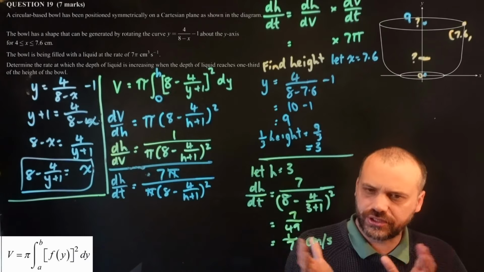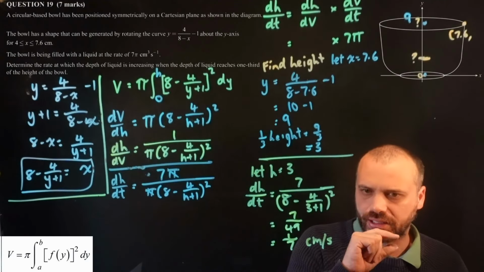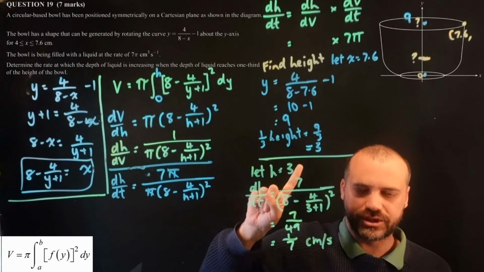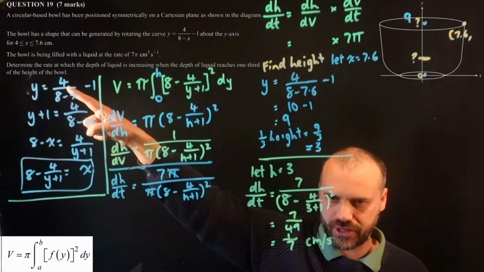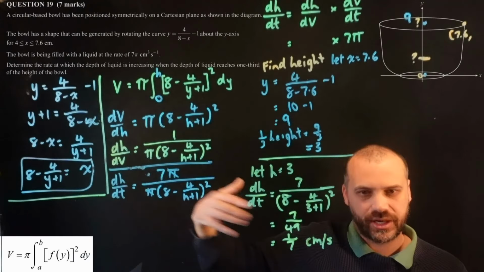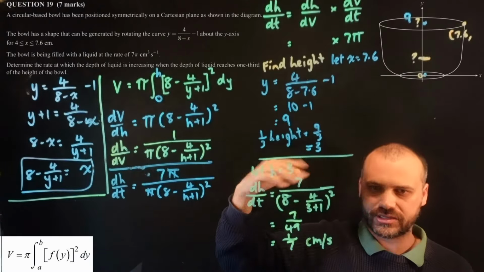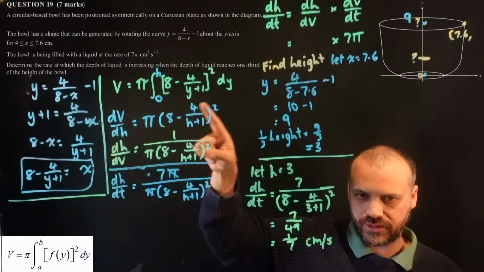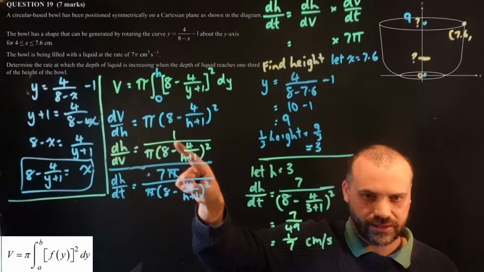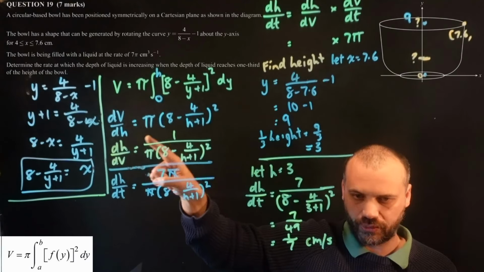It's a big question, so it's worthwhile talking through what we did. Let's recap very quickly. We had a function, but we were rotating around the y-axis, so we had to rearrange it to make x equal something. Then we said, what's the volume of this bowl at any given height? The volume is equal to this, between 0 and whatever that height happens to be. Then we had to make this leap here, which some people are going to be a bit weirded out by.